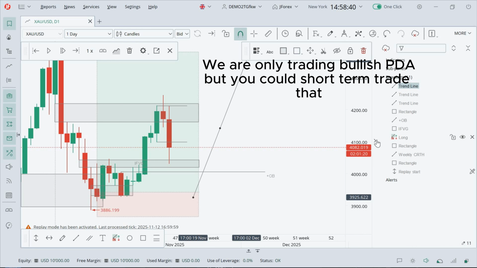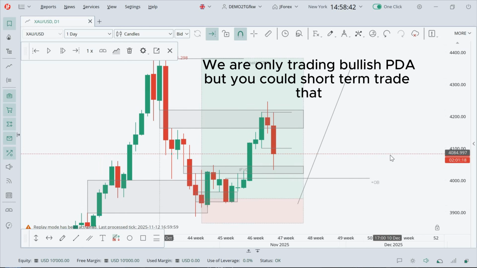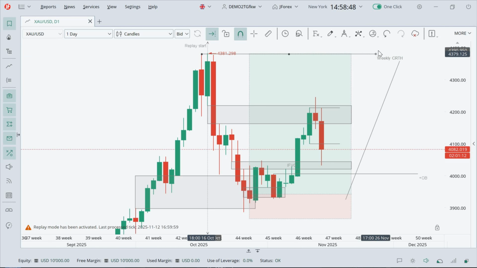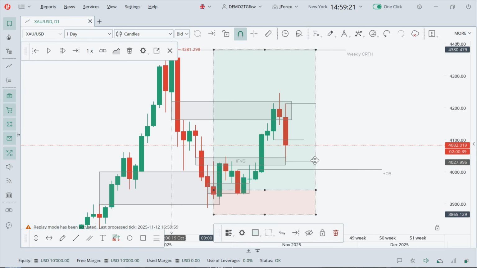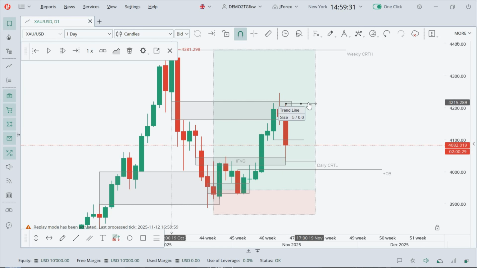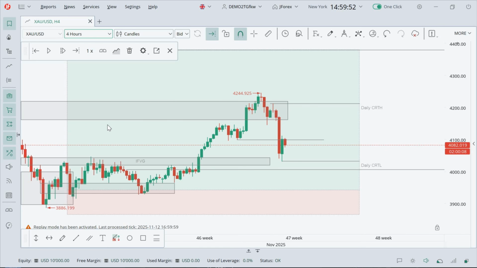But because price is bullish, we only need to take bullish trades, not bearish trades. But you can take a short-term trade from that bearish fair value gap and target the inversion fair value gap at the bottom. Now we anticipate a daily CRT to form there.